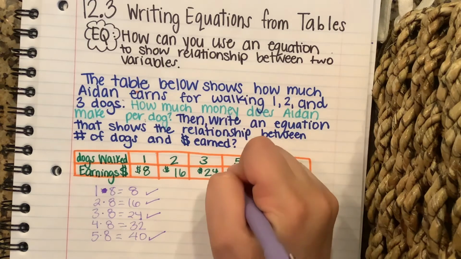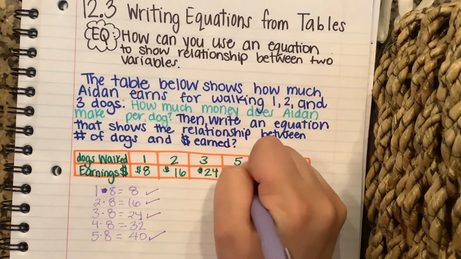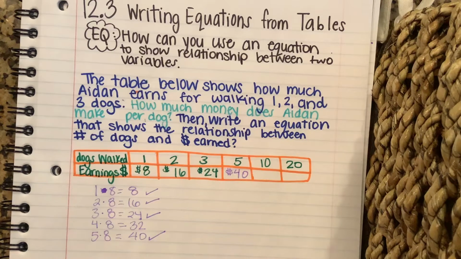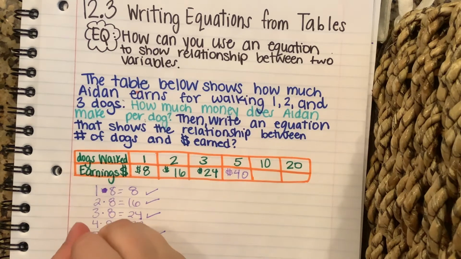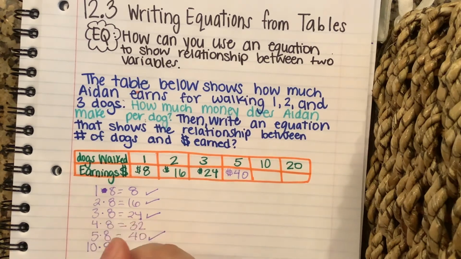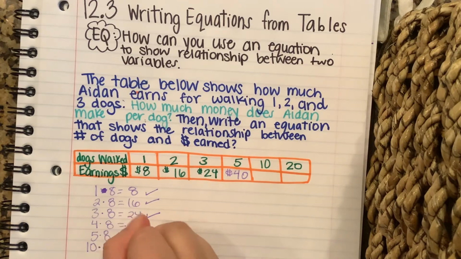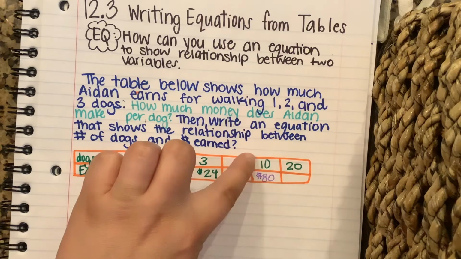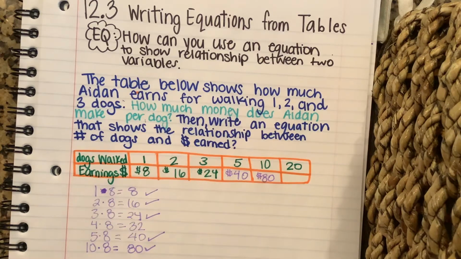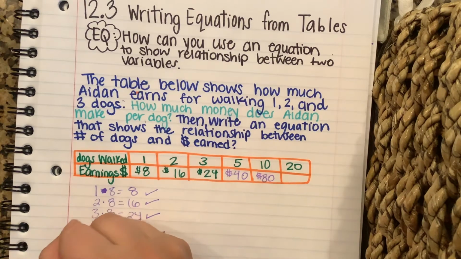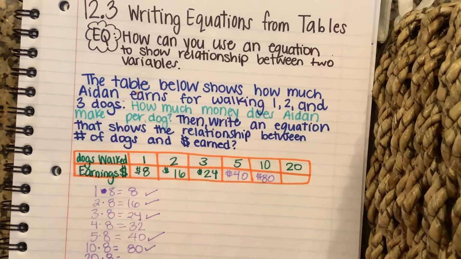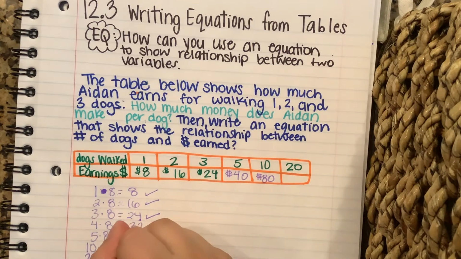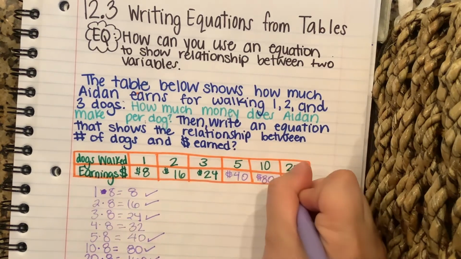So I can input here $40. Then what about 10? If I skip to 10 times 8, I've got 80, adding that one to my table. So if he walks 10 dogs, he's making $80 total. And if he walks 20 dogs, 20 times 8, he would make $160 total.